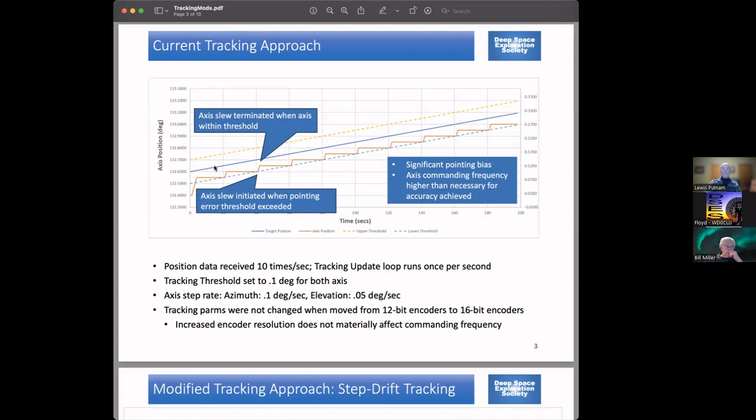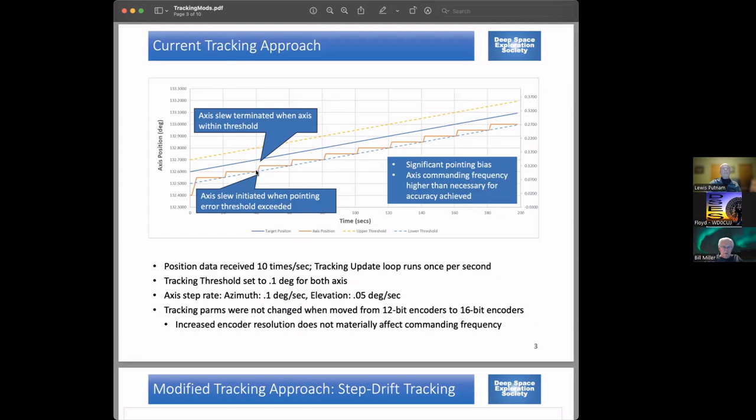So the way the tracking algorithm works right now is, I'll start here: the axis slew is initiated when the pointing error threshold is exceeded. Prior to that, the axis is at 0 rate and the object is basically drifting, and since the axis is at 0 rate, the object is gradually getting farther ahead of the axis.